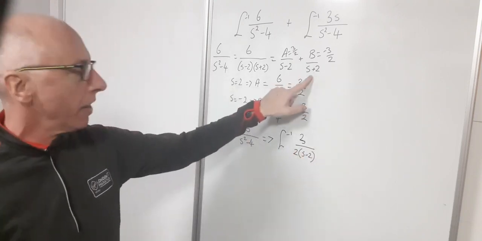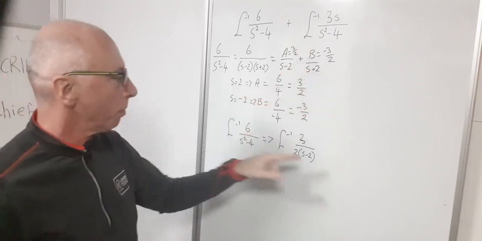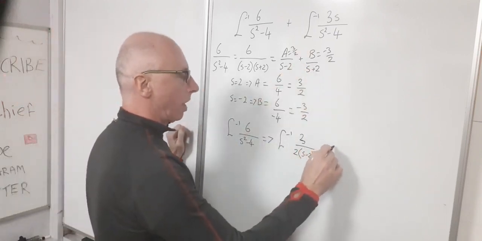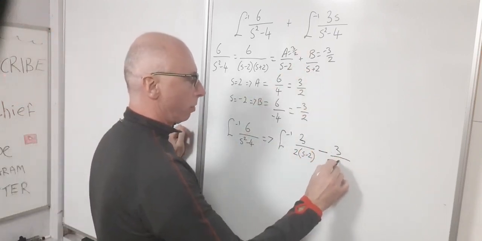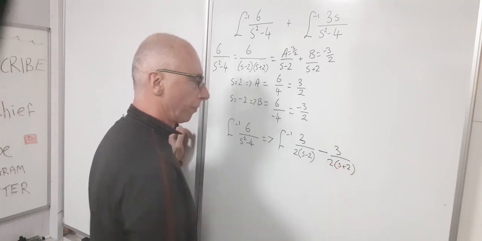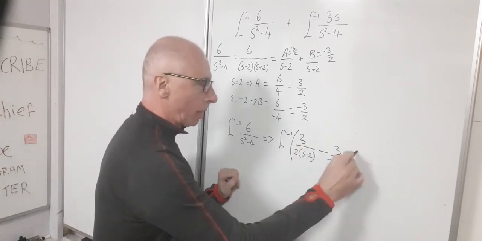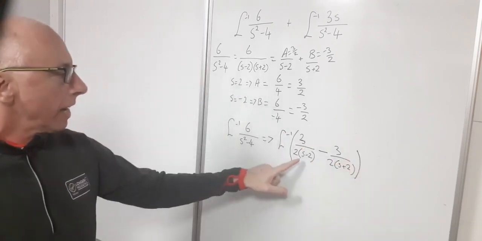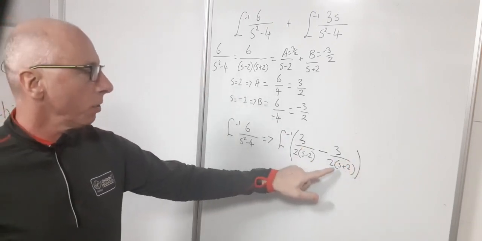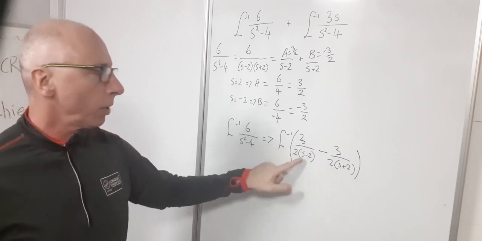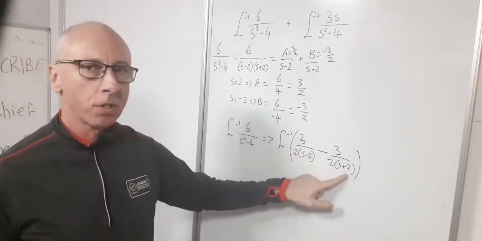And this one I can write as a minus, so I'll just put a minus sign in there instead of positive, 3 over 2, s plus 2. Okay, now let me put a bracket in there just to make sure my algebra is good. Now here I've got 3 over 2, s minus 2, minus 3 over 2, s plus 2.